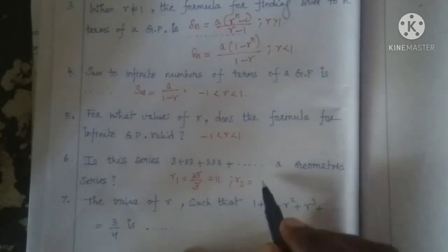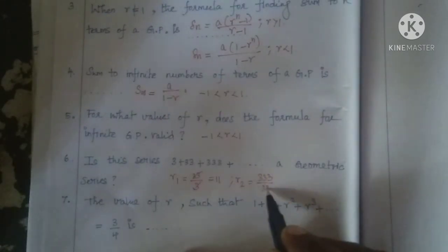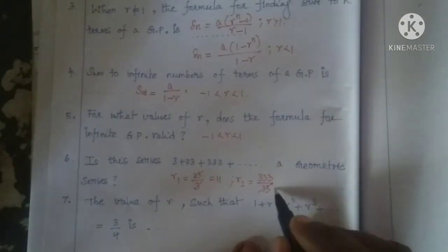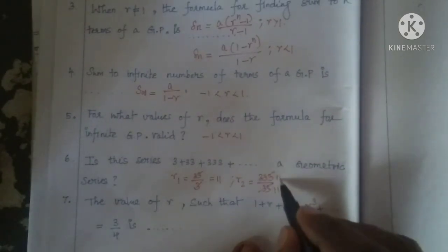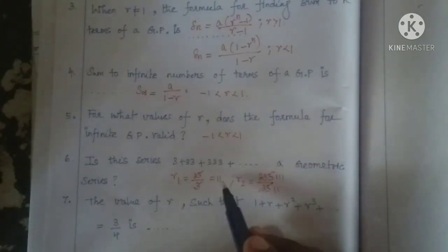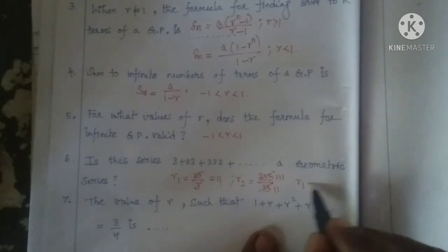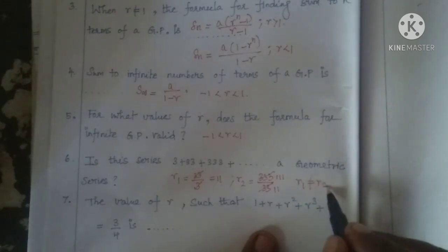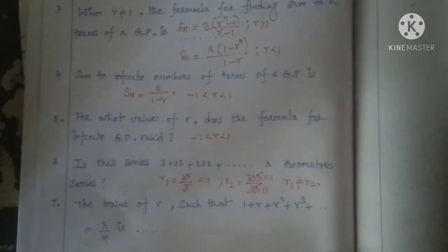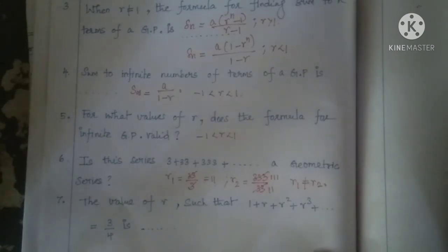R2 is 333 divided by 33, which gives 111 divided by 11. They are not equal. R1 is not equal to R2. Therefore, this series is not a geometric series.